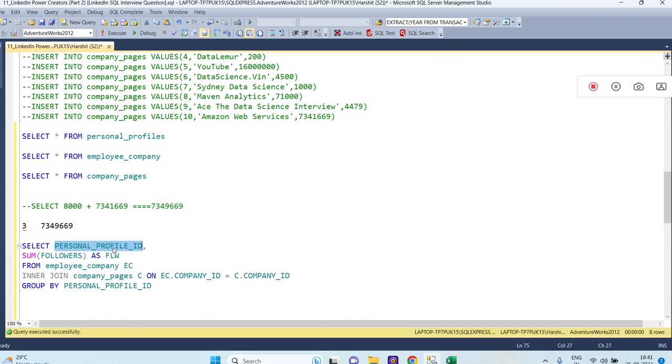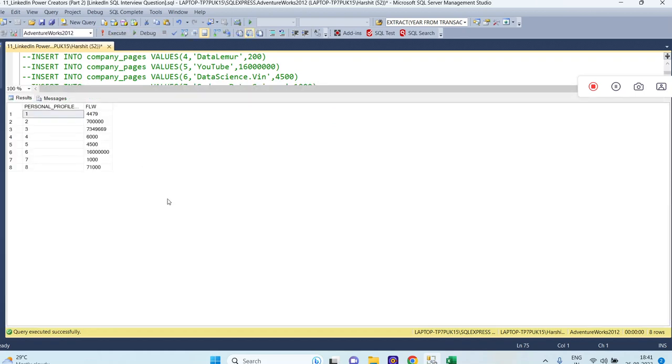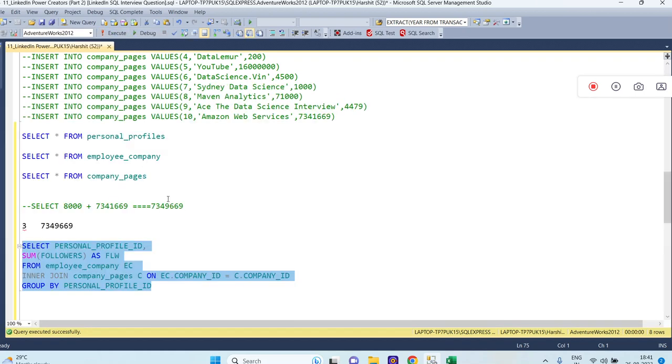Select personal profile ID, sum of followers from employee company and company pages, then group by personal profile ID, right? We have employee company and company pages, and company ID is common in both the tables.